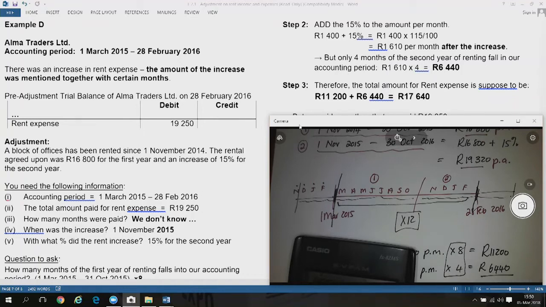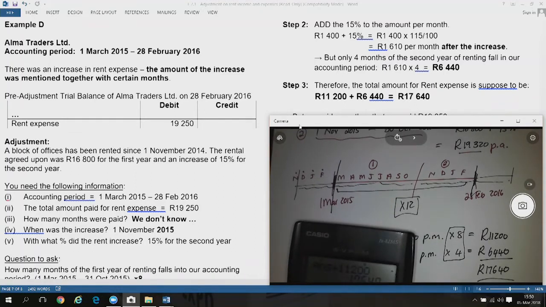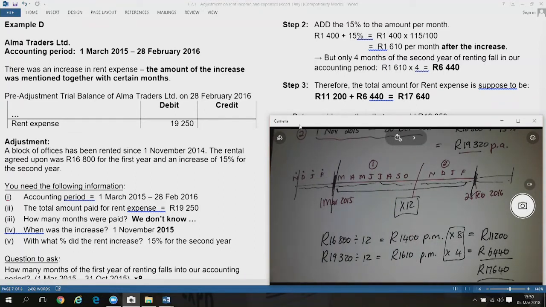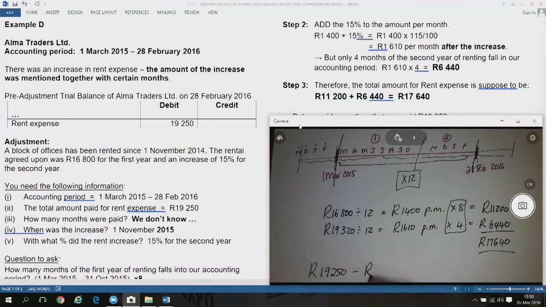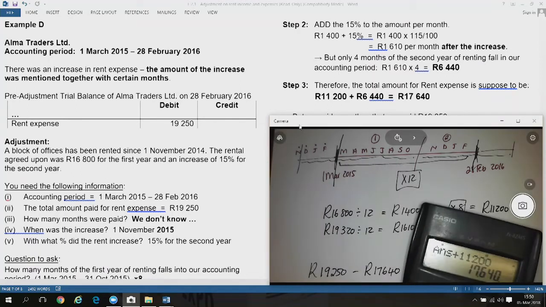The total gives me 17640. So now you just compare this total to the amount that you've got. Remember, our amount was 19250 minus 17640.